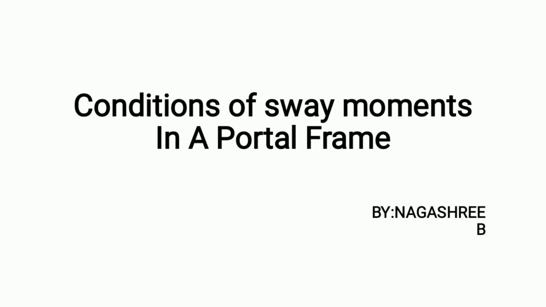In my previous lecture series, I had briefly discussed the various situations where sway occurs in a portal frame. So I will brief it out right now. The first condition is when it is subjected to unsymmetrical loading or eccentric loading.